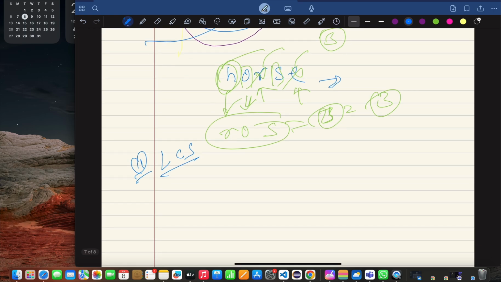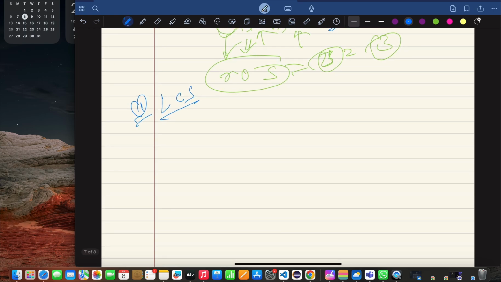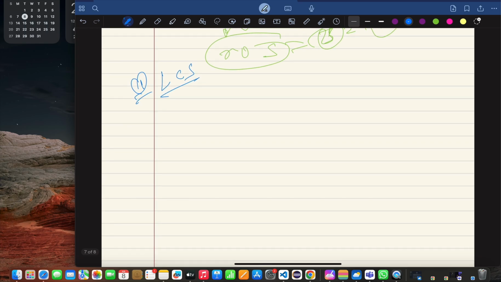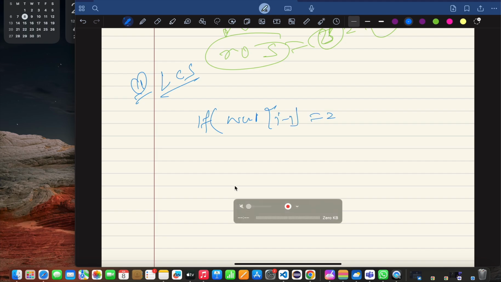So we will modify that code. In LCS there was an if condition: if word1 of i minus 1 equals word2 of j minus 1.